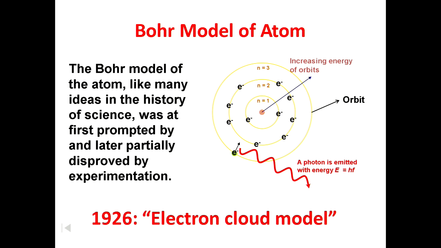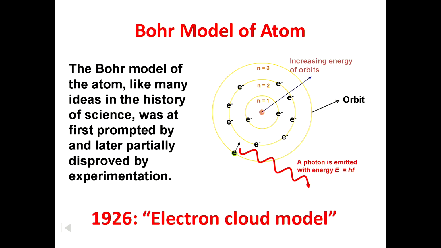And of course, if some electron moves from an inner orbital to an outside orbital, it should absorb energy. The energy can be light or heat.